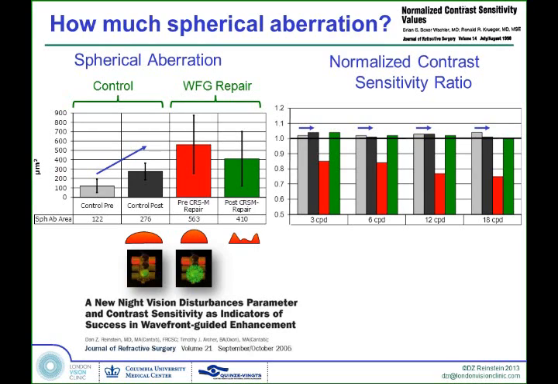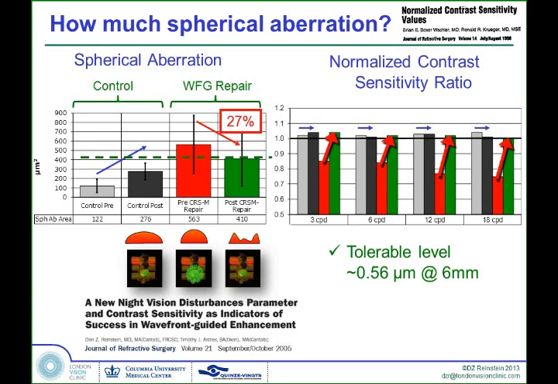In the wavefront-guided repair group, we achieved a 27% reduction, but this significantly had a normalization effect on the contrast. So in the process, it improved their quality of night vision. So it seems from these two groups that we can determine that the amount of spherical aberration that is tolerated pretty well by patients seems to sit around 0.56 microns in a 6 millimeter zone.